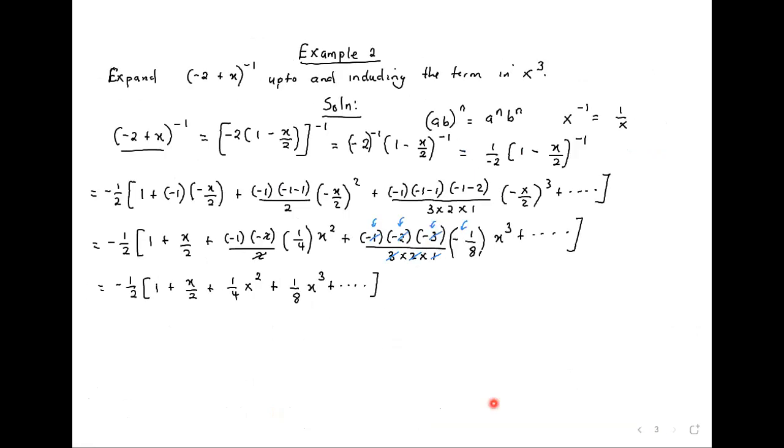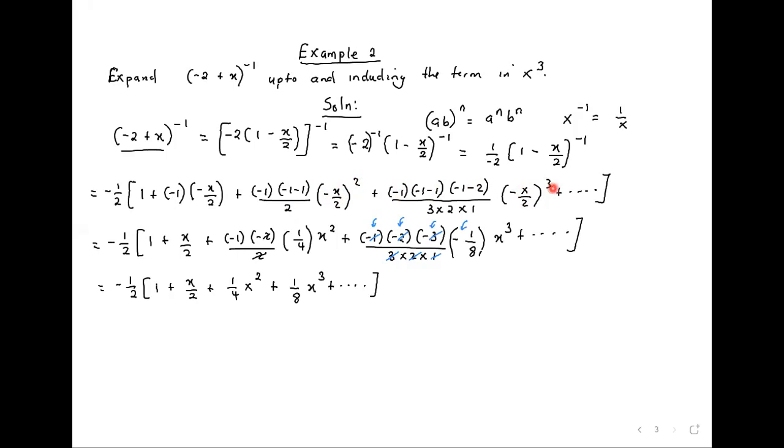So that we now have this as our b part, the whole -x/2, and our n is -1. So you substitute -1 for n, -x/2 for b. -1, -1 minus 1, this is for n(n-1). And then the b part squared over 2. And then n(n-1)(n-2) over 3 factorial. And then the b part cubed.